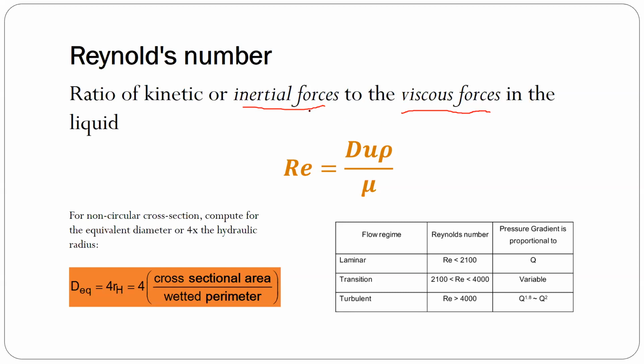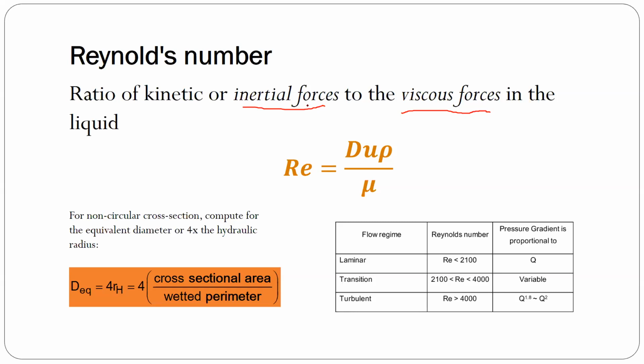Kasi pag sinabing inertial force, gusto ng fluid gumalaw, the greater the inertia, the more na mahihirapan tayong pigilang mag-flow yung fluid. And the factors that could affect that would be your diameter of the pipe, yung velocity niya, of course, kasi mas mataas yung velocity, mas sumagalaw pa siya. And then maybe the density, right?